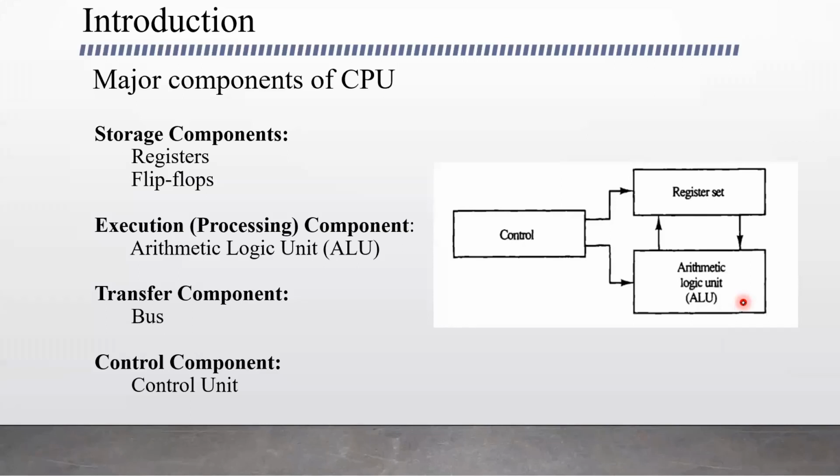So we are here learning about the CPU. The design of the CPU is determined by all these components: the number of registers available, the number of operations the arithmetic and logic unit performs, and the number of control functions used to control these operations. These determine the CPU design.